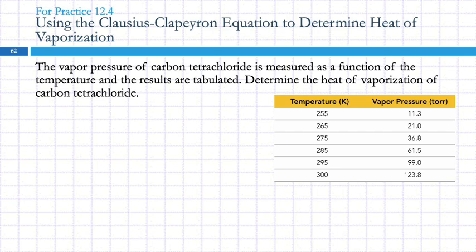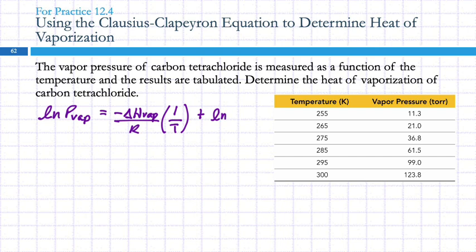So this is a question in the book. We can't really just do this in lecture, though, because we really need to be able to graph this, and there's a bunch of calculations that have to happen. But let's just talk about, well, how would you do that? So the natural log of the vapor pressure equals negative heat of vaporization over the gas constant times 1 over the temperature plus a constant.